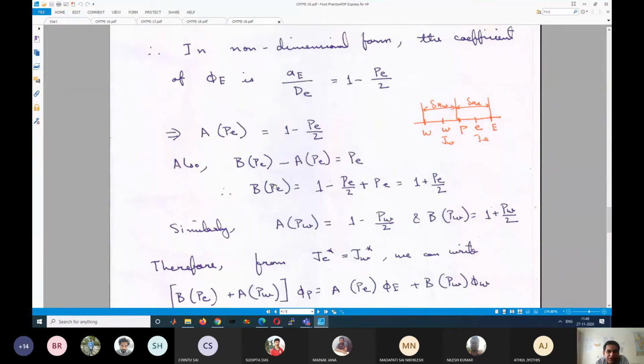B of P means the function is written in terms of P, B is equal to 1 plus P by 2. If it is written in terms of minus P, I will just have to replace P by minus P, right? So it will become 1 minus P by 2, which is equal to A.